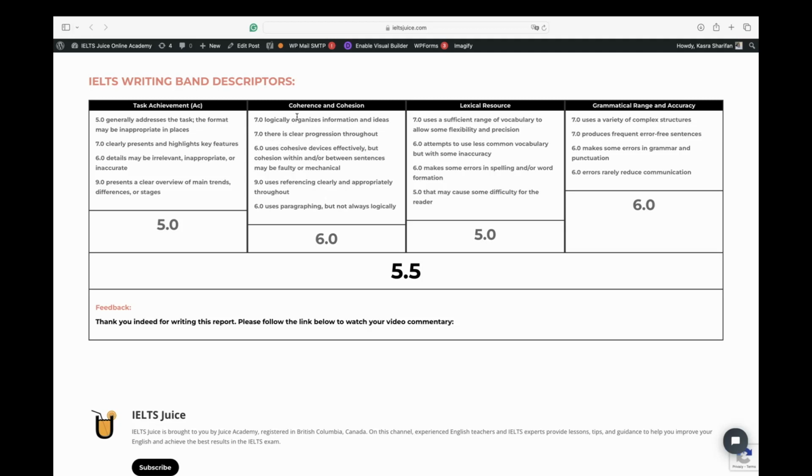As for coherence and cohesion, yeah, the referencing was basically okay. I didn't see any issues in referencing. The issues were in paragraphing, as you saw, and also in the cohesive devices and the transition between some sentences.